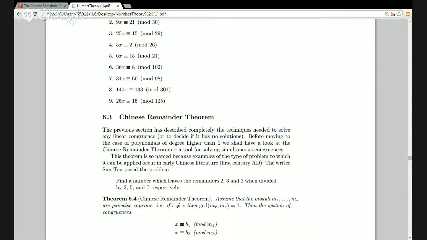So what do I mean by that? Lifting solutions from a congruence like this, a polynomial congruent to 0 modulo a prime, taking solutions from that and lifting them to solutions modulo p squared, then lifting them to solutions modulo p cubed.